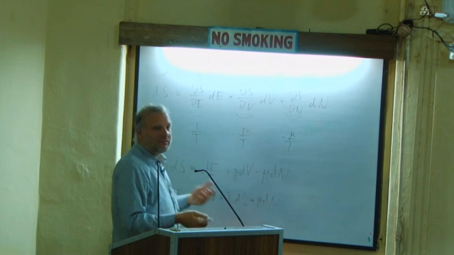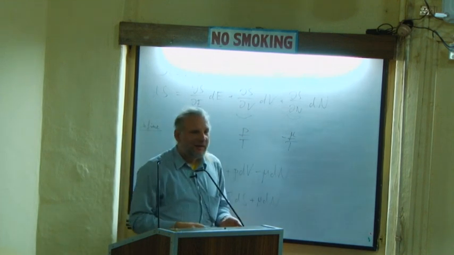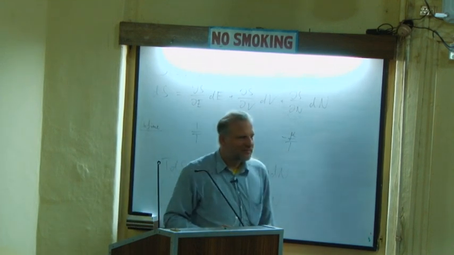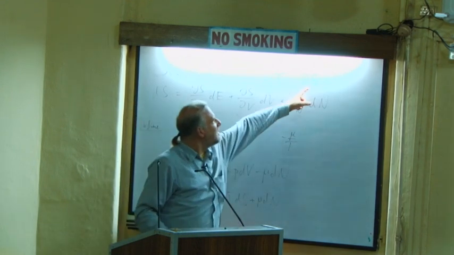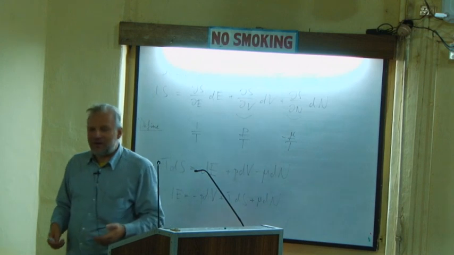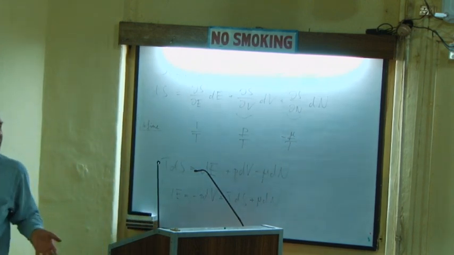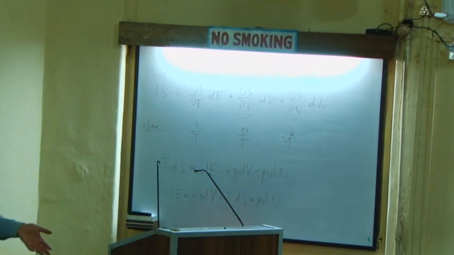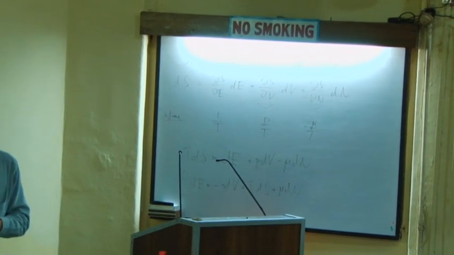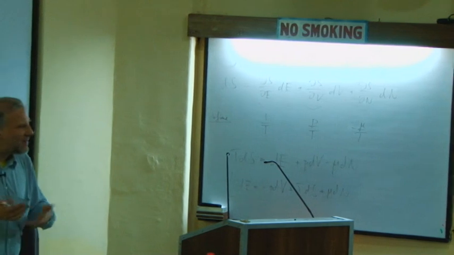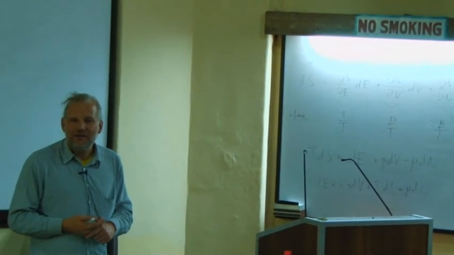Now, if you think about this, this is very remarkable. Because what is the object on the right-hand side? Remember, the entropy counts the number of microscopic states. I have said the number of microscopic states is a function of energy. So the number of microscopic states varies with the energy.